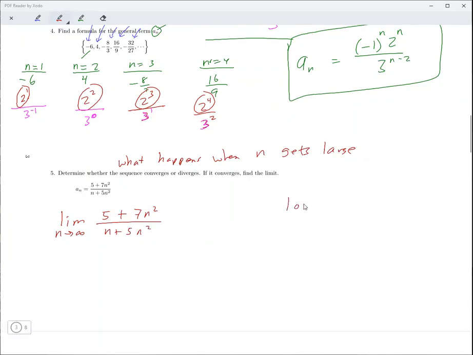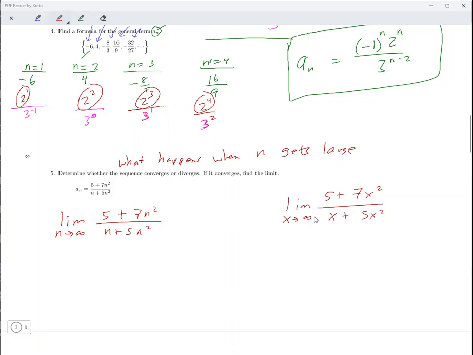But you could also compare it with the limit as x goes to infinity of 5 plus 7x squared over x plus 5x squared. You could think, okay, what happens as x goes to infinity?